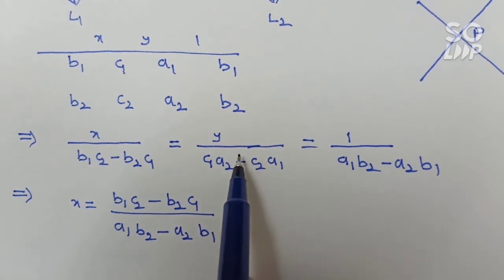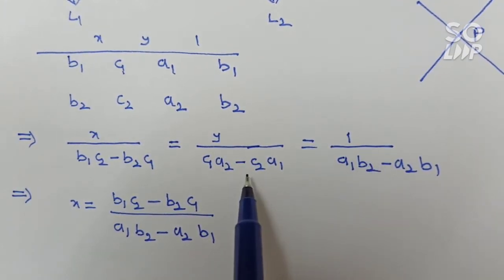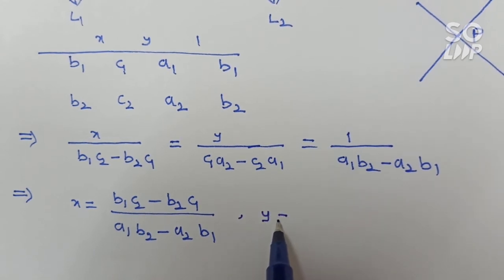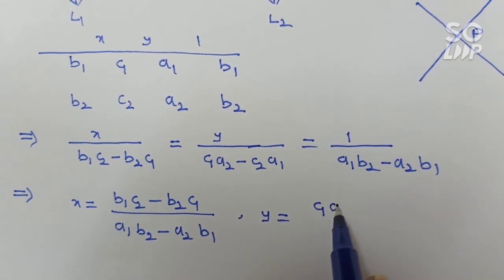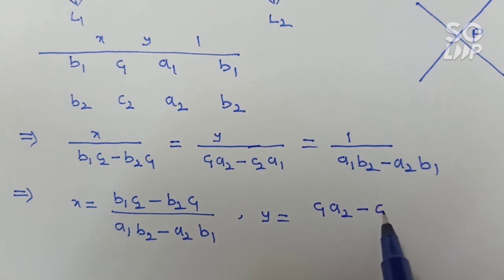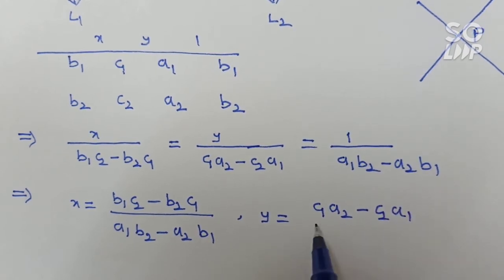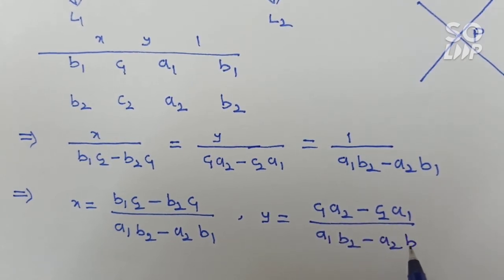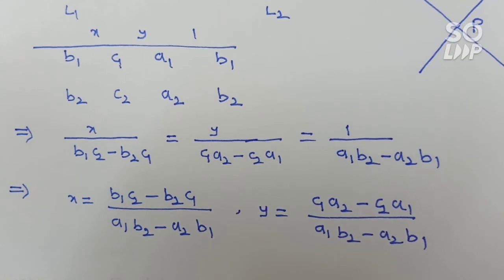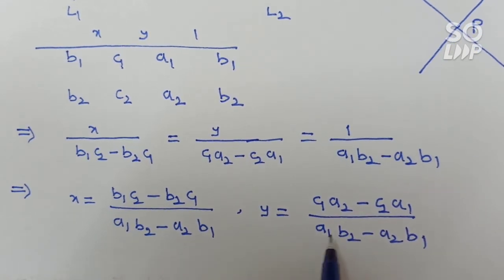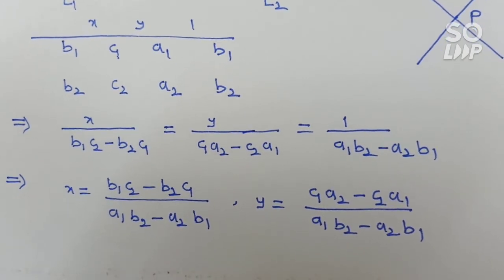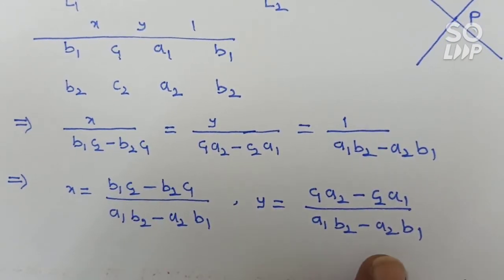And by equating the second and third ratio and cross multiplying, you get y is equal to (c1 into a2 minus c2 into a1) whole divided by (a1 b2 minus a2 b1). So this is the x value and this is the y value. The x value and y value are the x coordinate and y coordinate.